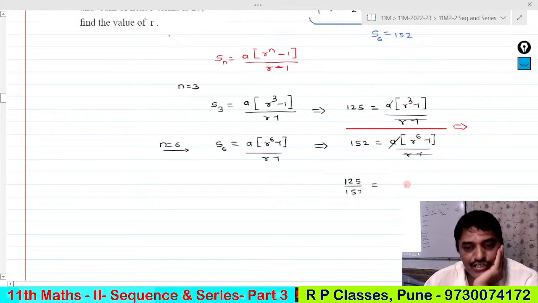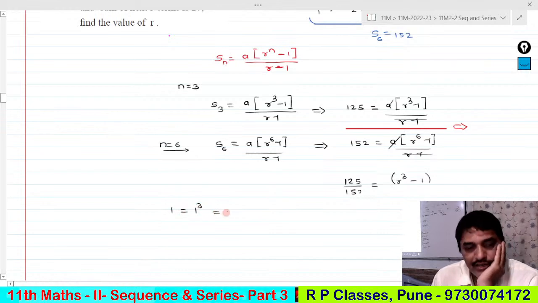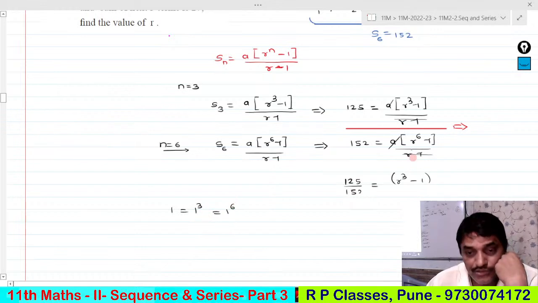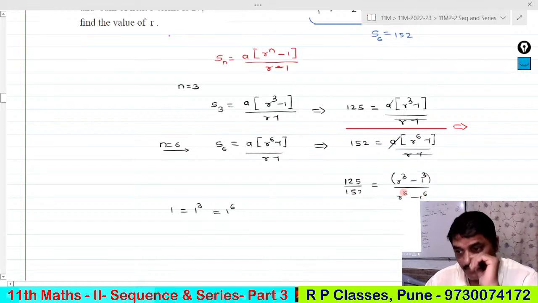Can I write r raised to 3 minus 1, है ना? No, 1, can I write 1 as 1 cube also and 1 raised to 6 also, correct ना? तो इस 1 को मैं लिखूंगा 1 cube और नीचे को 1 को लिखूंगा 1 raised to 6, correct?